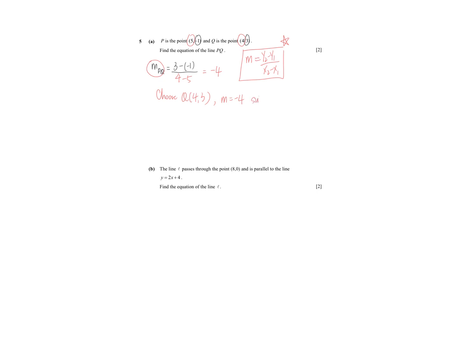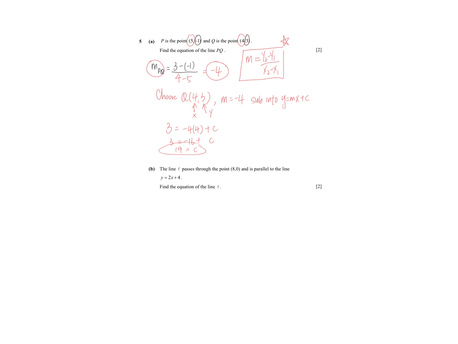We will sub this into y equals to mx plus c. So x is 4, y is 3. So put it into the equation. So c is just 19. So don't stop here. I saw some of you found all this, right? Then you stop here.